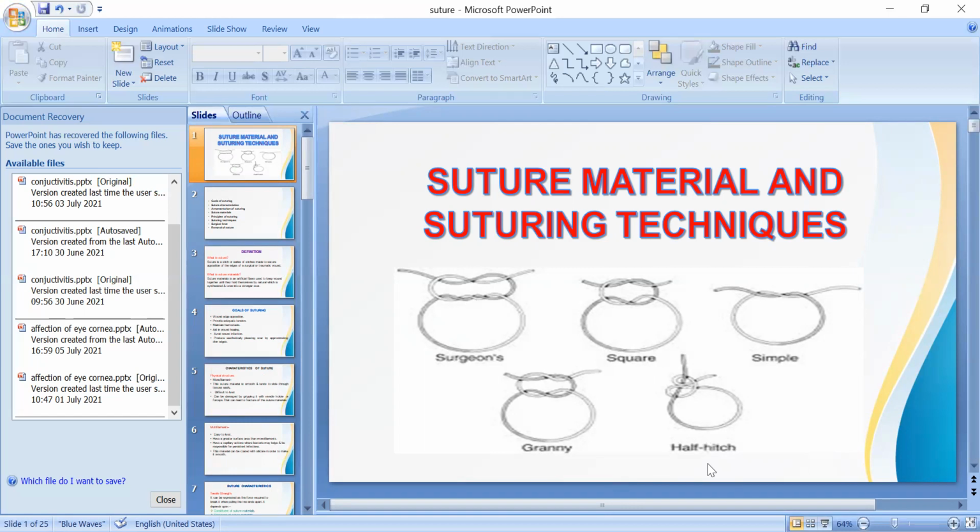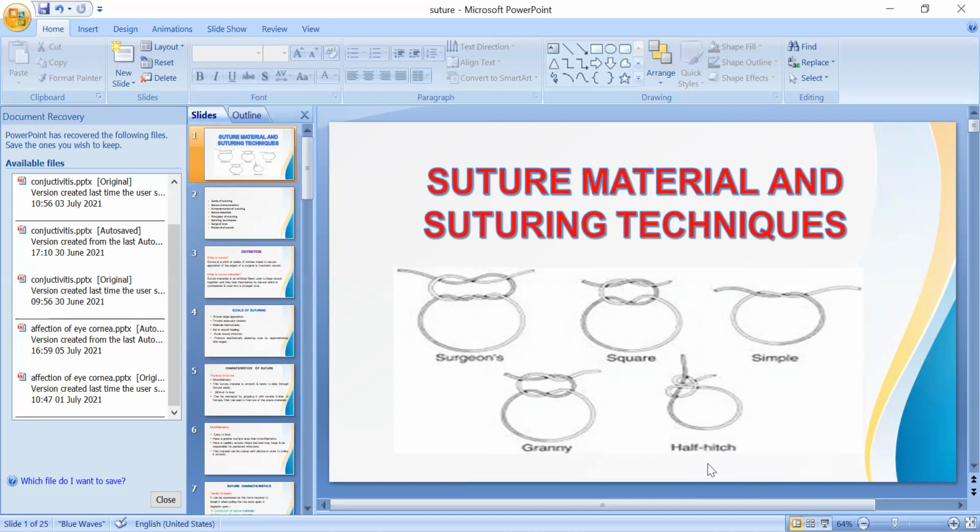Knot is very important for surgery. If your knot is not secure, then all sutures will come free. So knot is very important. Security of knot is very important.